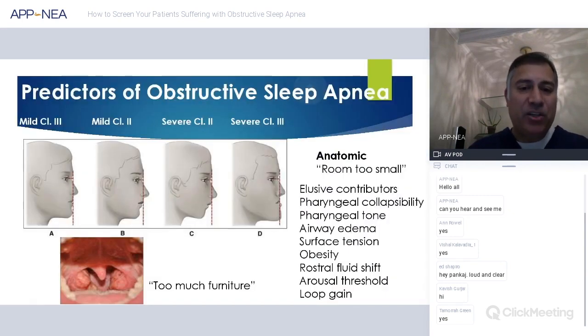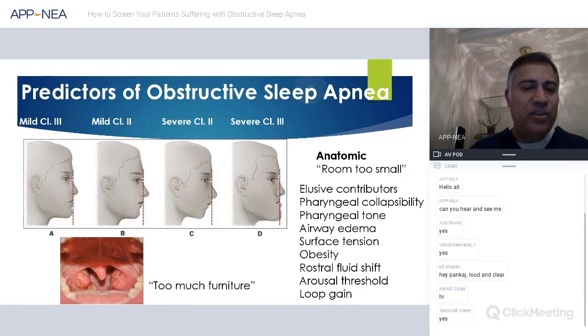Now you look at a patient's facial profile. You've got the class 2 with the mandible that is really retruded. If the mandible is retruded, where do you think the tongue position is? Think about a room that could be normal size, but if you have oversized furniture, how hard is it to navigate through?